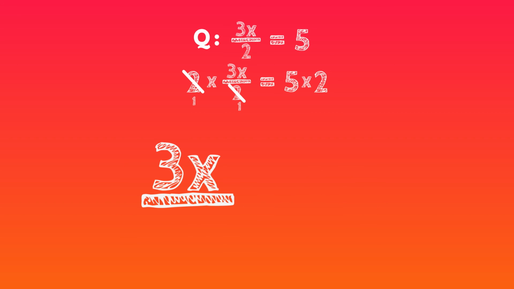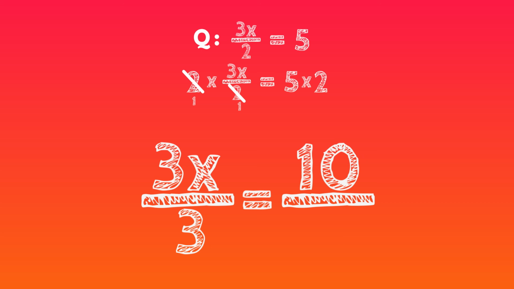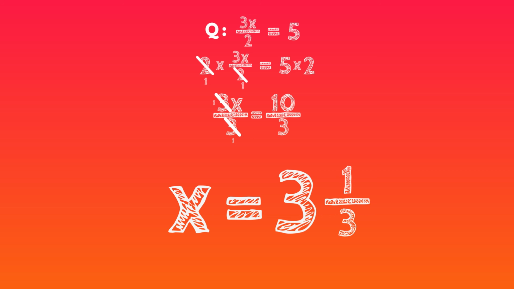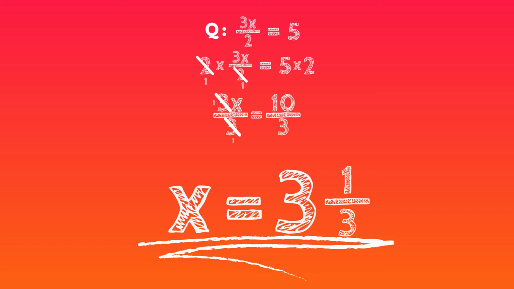So 3x divided by 3 is equal to 10 divided by 3. So 3 into 3 goes once, and 3 into 3x goes once. So x is equal to 3 into 10 goes 3 times, remainder 1, which goes over the denominator, so it will be 3 and 1/3. So x is equal to 3 and 1/3.